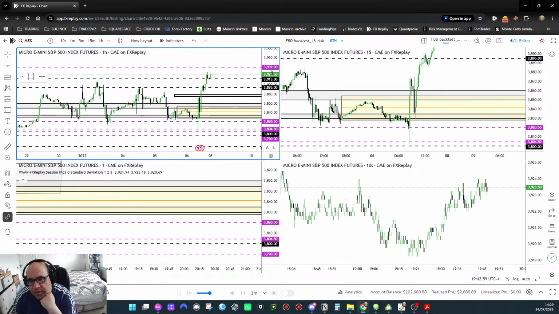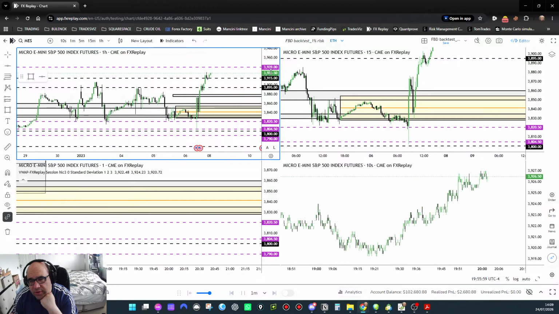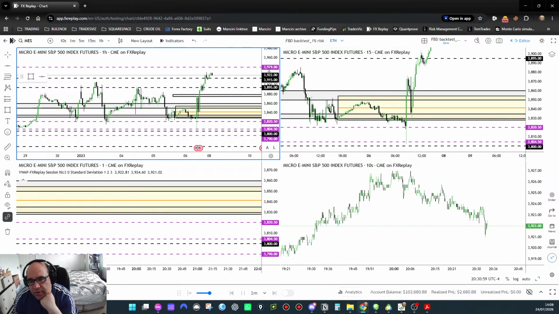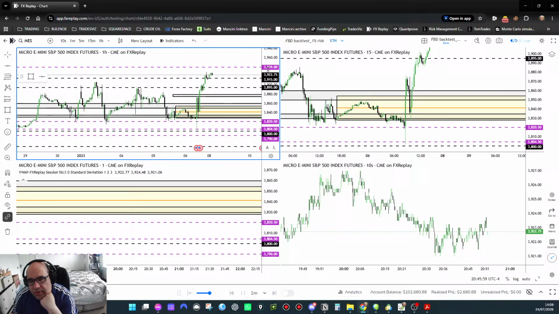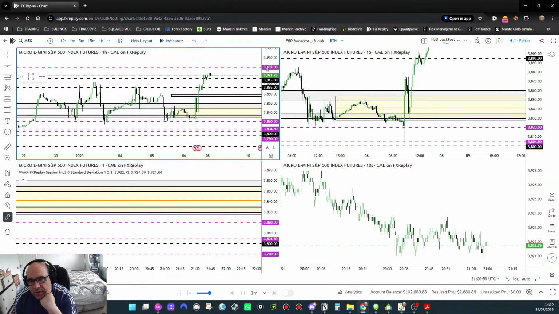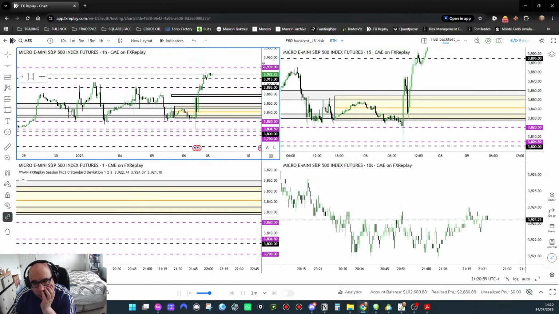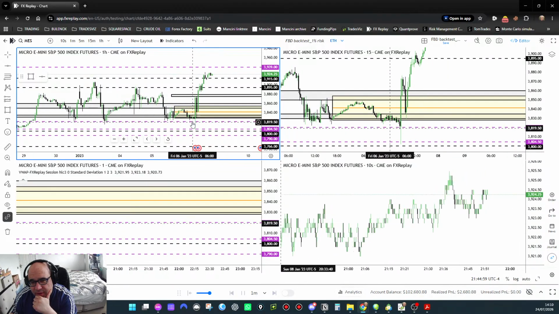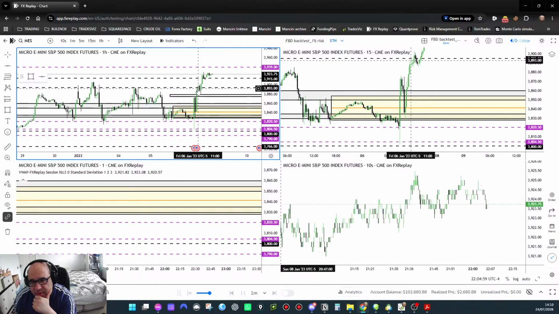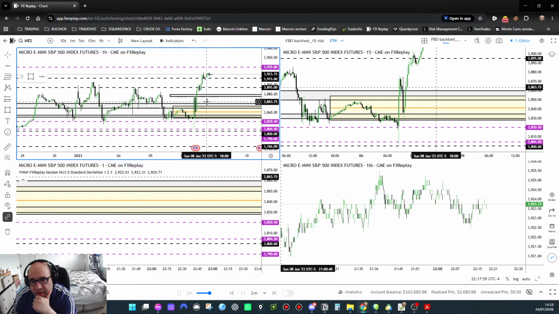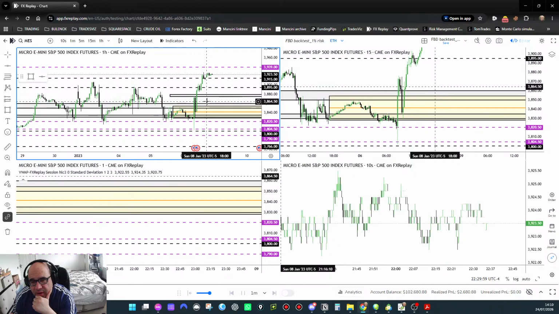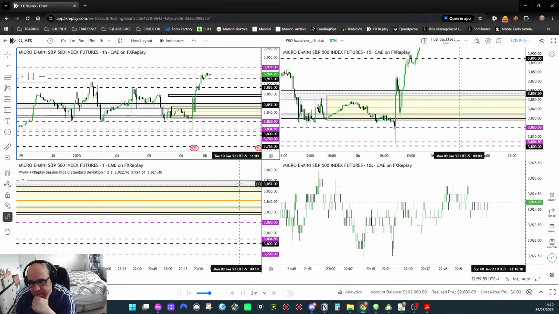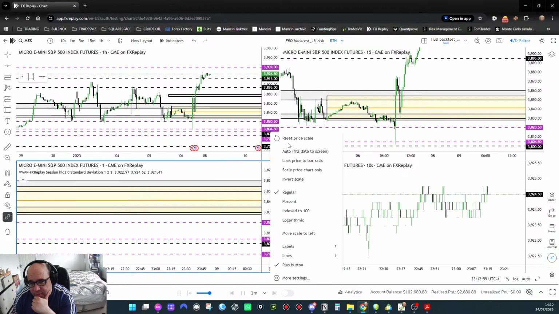We're gonna really break out. That was a really nice fail breakdown. It was by only a few points, just grabbed liquidity, and after the news, just exploded. But yeah, price was going very fast, so I didn't have the chance to get into it.